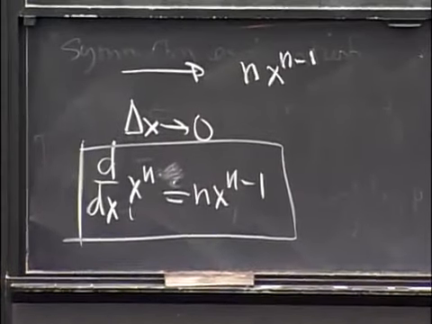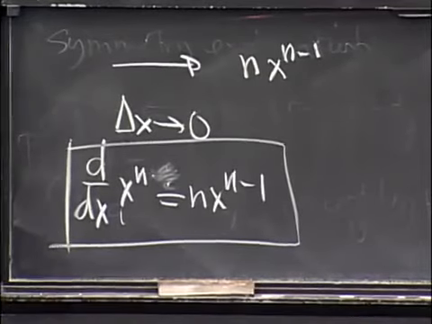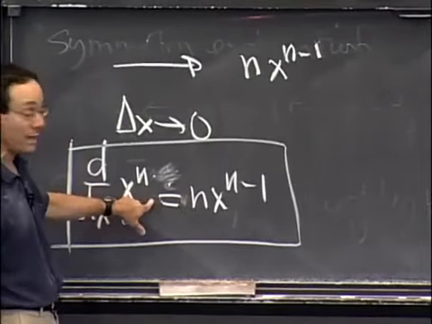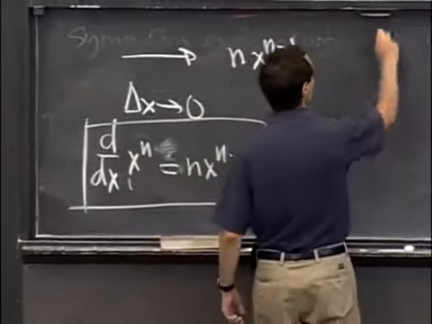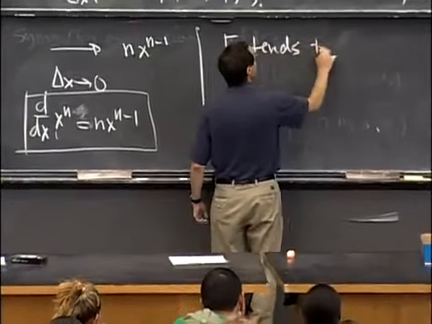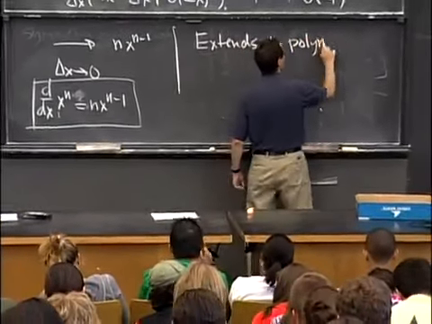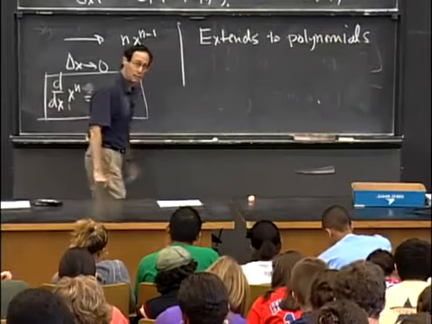So now this is going to be super important to you right on your problem set in every possible way. And I want to tell you one way in which it's very important, and one way that extends it immediately. So this thing extends to polynomials. We get quite a lot out of this one calculation.